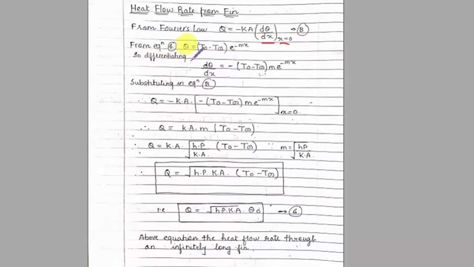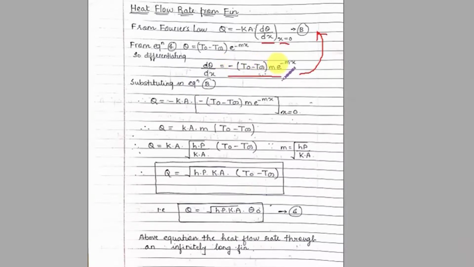So what we will do? We will differentiate this equation number 4. Very simple mathematics. Differentiating, we get d theta by dx equal to minus m, in bracket T0 minus T infinity, e to the power minus mx. Now I will substitute this value in the above equation because we want the equation for the heat transfer rate. So Q is equal to minus Ka in bracket this whole term.